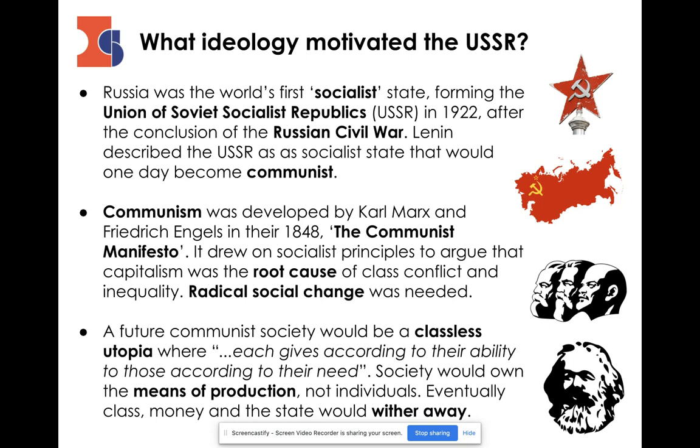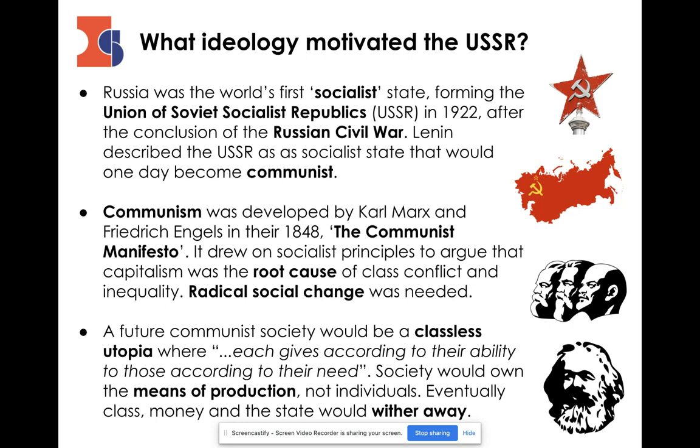Marx argued that in future, a communist society would be one in which there would be no classes, no middle class, upper class, working class. It would be like a utopia in which everyone gives according to their ability to those according to their need. And it would be society, not individual business owners, but society that owns the factories, the means of production.